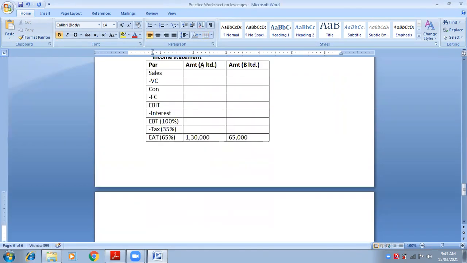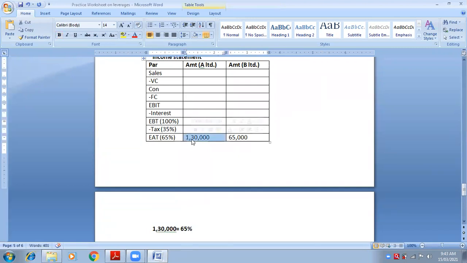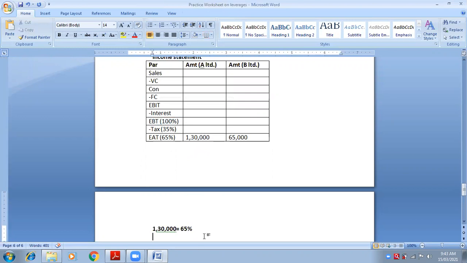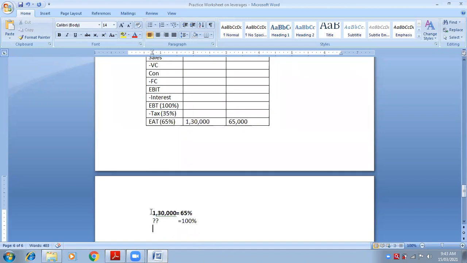Look here, I will make a working note. 1,30,000 is equal to 65%. The EAT assumption is 65%, but the real value of EAT is 1,30,000. So if 1,30,000 is 65, what will be 100%? Cross multiply and let me know.